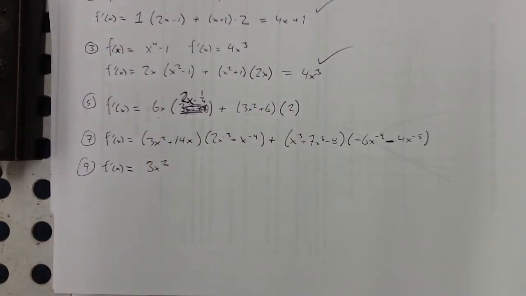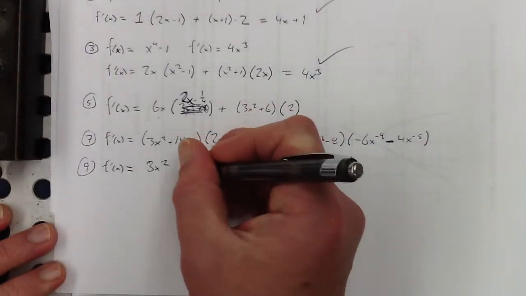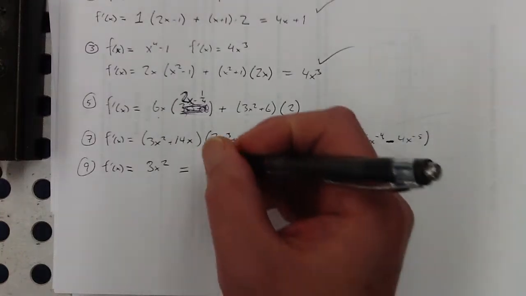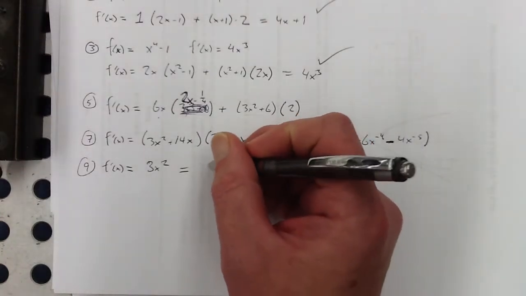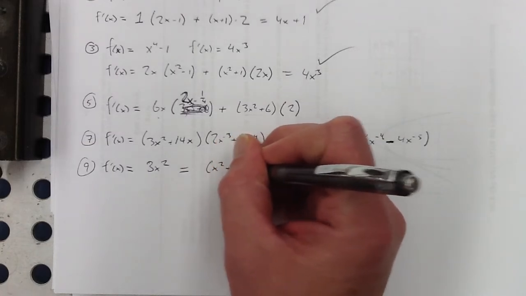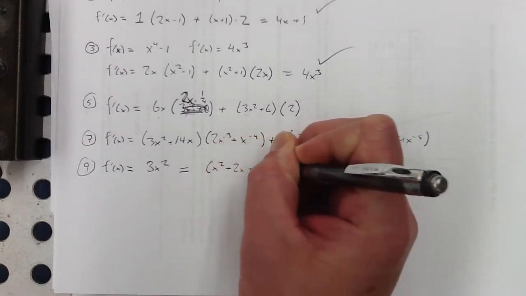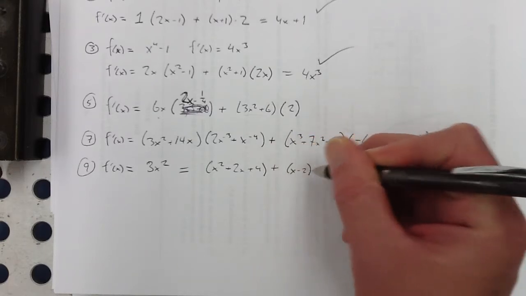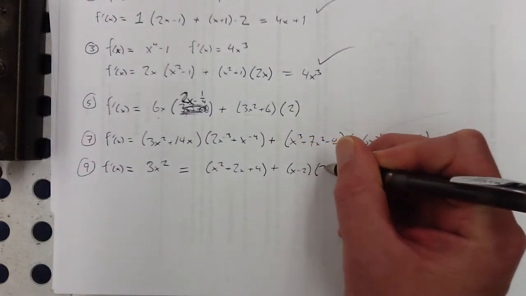So the derivative's 3x squared. But if you didn't see that, then that's got to be the same as, kind of doing it like we did 1 and 3. Let's see if we can get it to match up. Derivative of the first is just 1 times x squared plus 2x plus 4 plus the first times the derivative of the second.